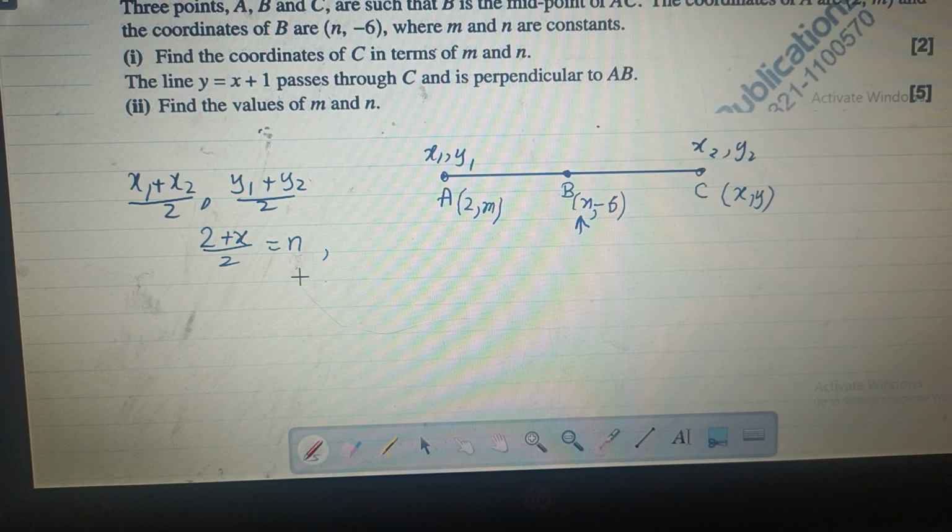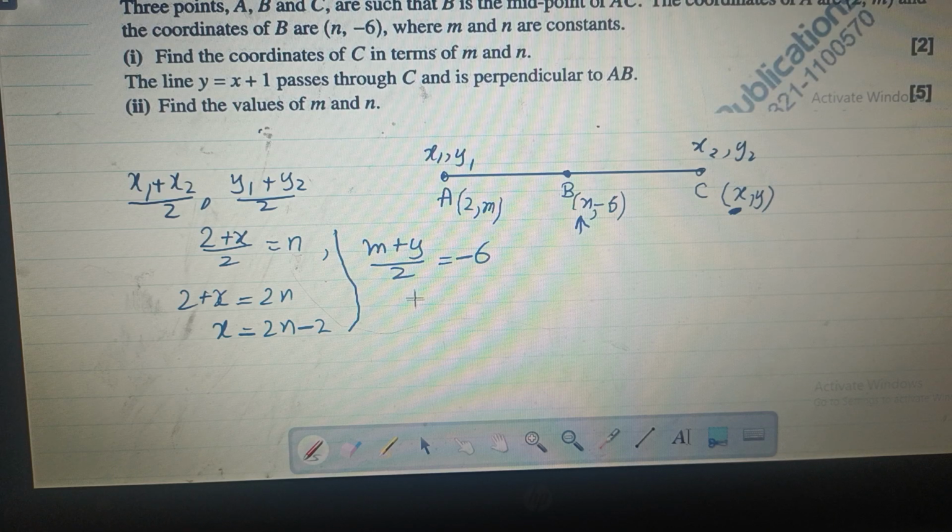Okay. From here I will have to make the x coordinate in terms of n. Then it is 2 plus x is equal to 2n, and x is equal to 2n minus 2. This is x for this C. After that I will have to go for y also, and then y is (y1 plus y2) over 2, that is (m plus y) over 2, is equal to minus 6.